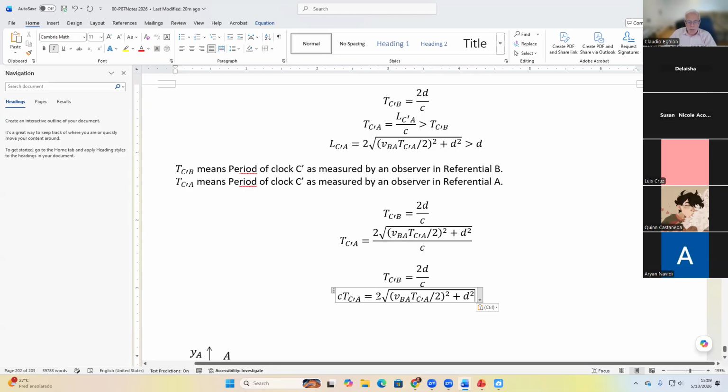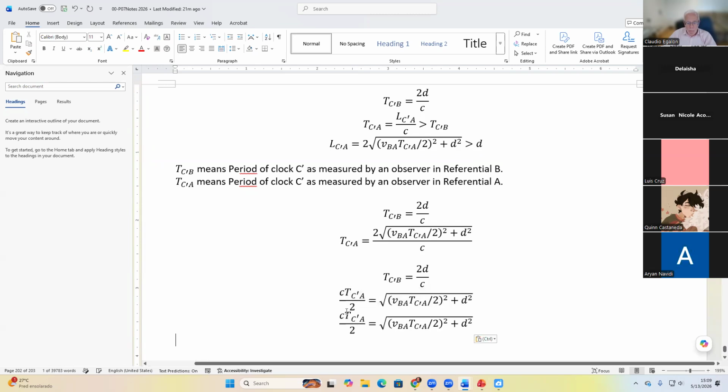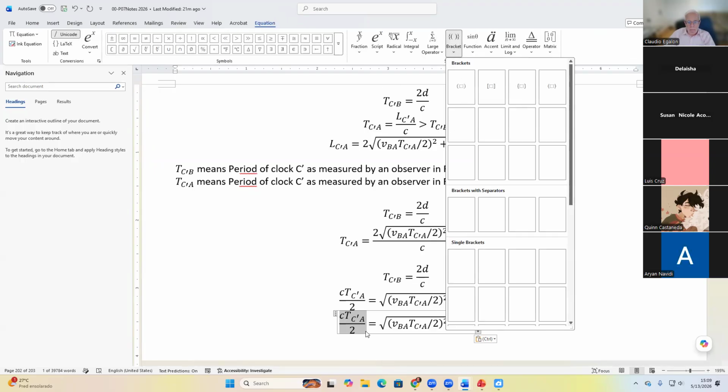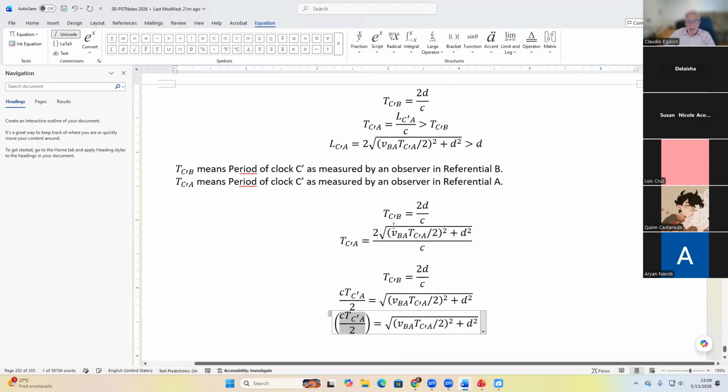I am going to pass the 2 to the other side as well. See, we have Tc prime here and Tc prime here. Let's see if we can get an equation just for Tc prime A. We have to square both sides of the equation to get rid of the square root.